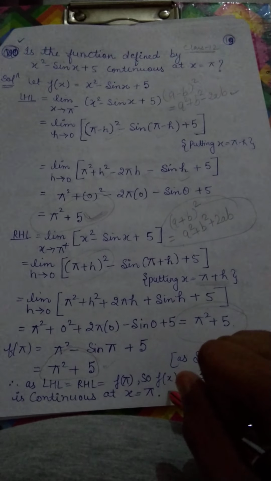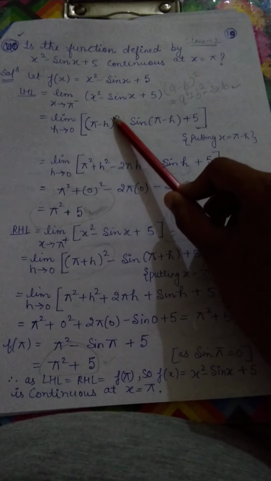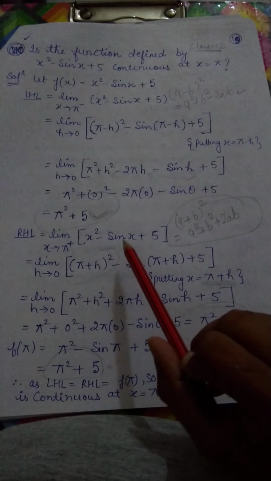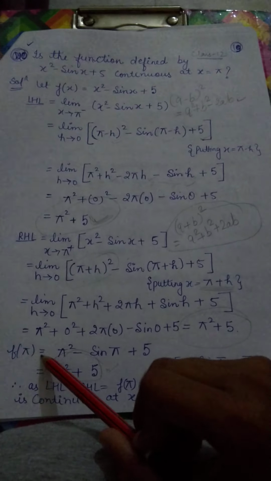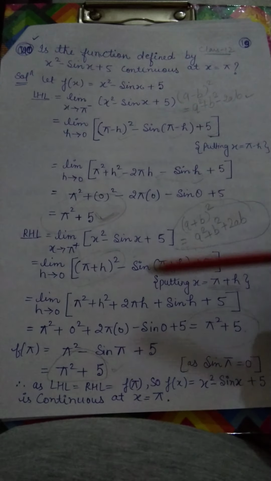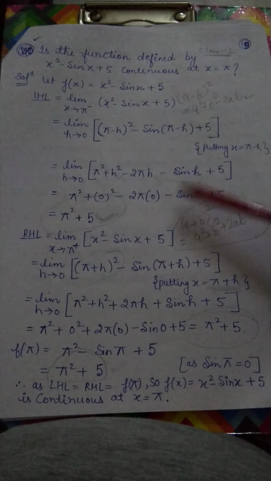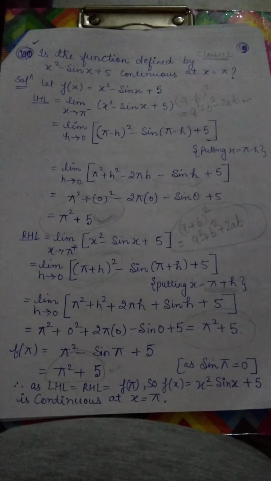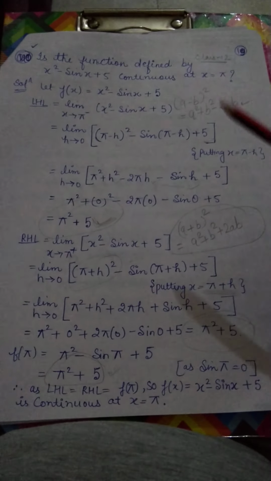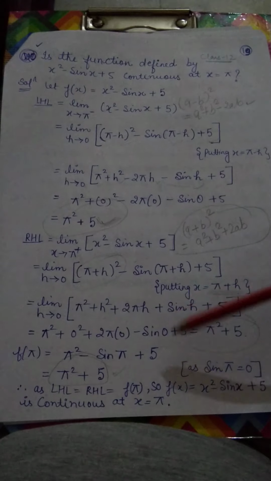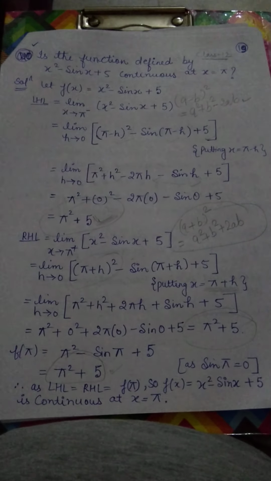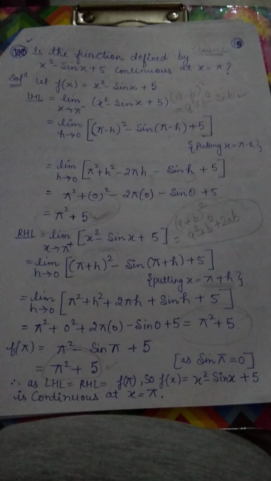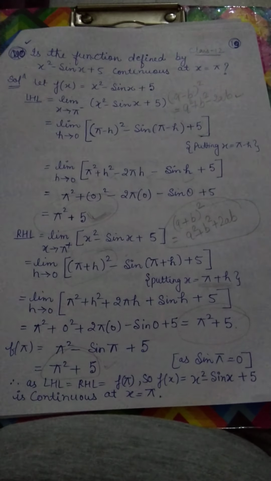Once again I am telling, first of all we will find out LHL, then we will find out RHL, then we will find out f(pi) value, then we will compare all the three values. If all three are same, we write it is continuous. If we find that any of these is not same, we have to write it is discontinuous. It is a rule on which you have to focus.